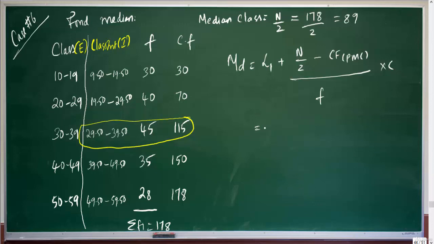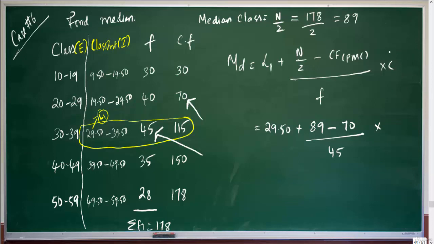So what is L1? L1 is 29.5, plus n by 2, that is 178 by 2, and it is 89, minus cumulative frequency preceding the median class, which is 70, divided by the frequency at the median class, which is 45, into the width of class interval, that is 29.5 to 39.5, it is 10.